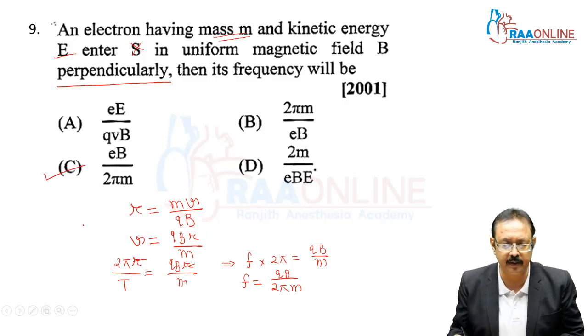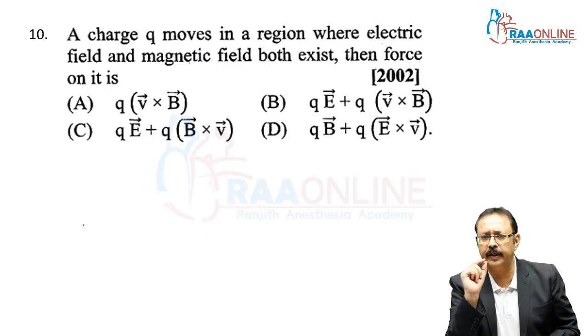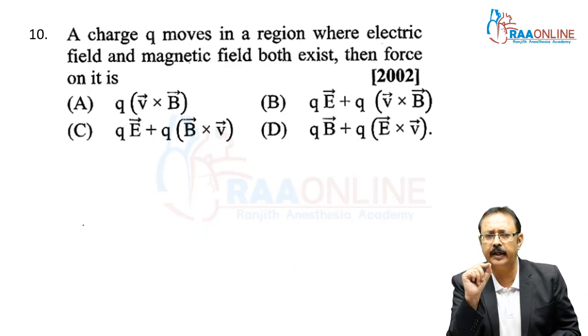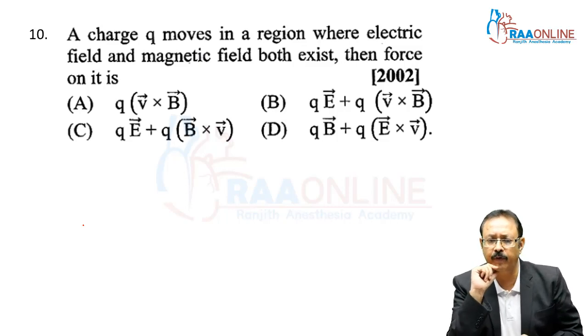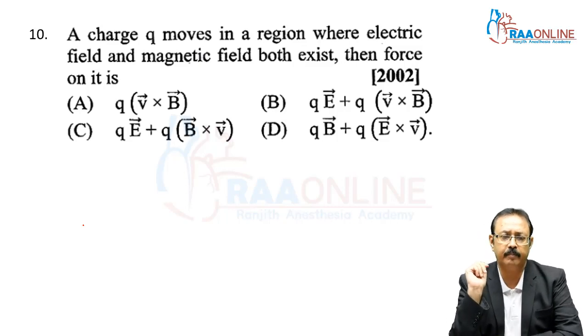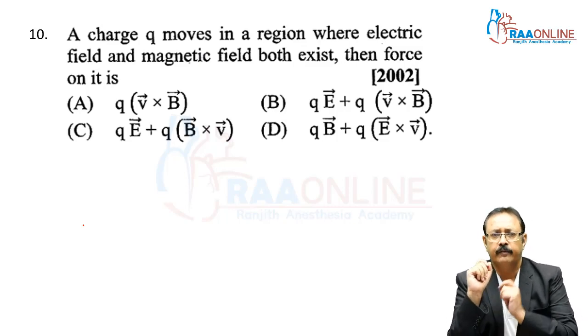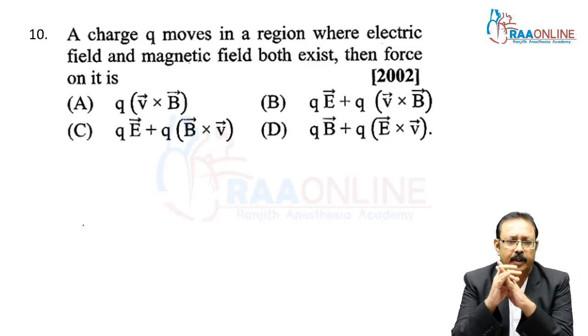9th question, C answer. 10th: a charge q moves in a region where electric field and magnetic field both exist, then the force on it should be. It is from 2002 AIPMT. What they are saying: electric field is there, and magnetic field is there. We know that electric field means force experienced by unit charge.